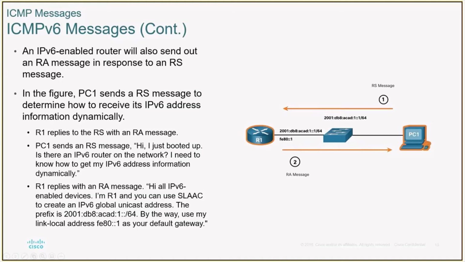I need to know how to get my IPv6 information. And so the router replies with, hi, all IPv6 enabled devices, I'm router 1, and you can use SLAAC to create an IPv6 global unicast address. The network prefix is X, and the prefix length is 64 bits. By the way, use my link local address of FE80::1 as your gateway.